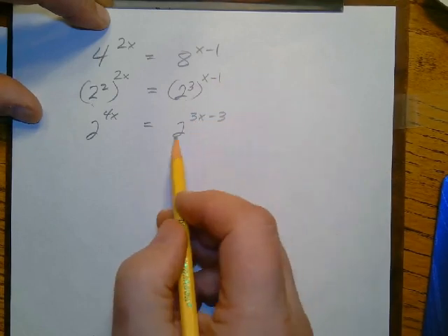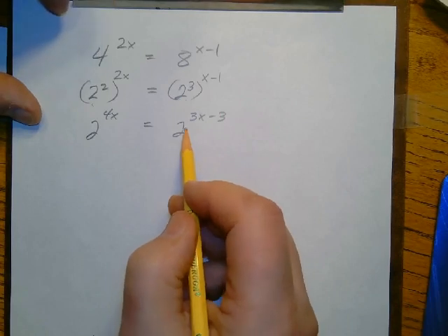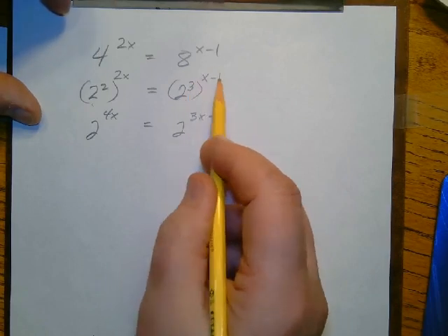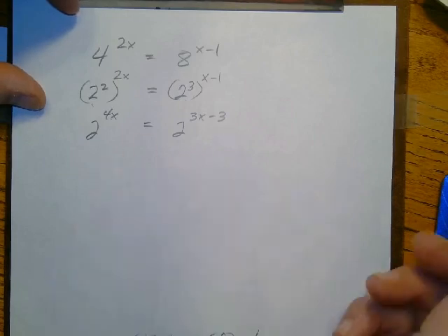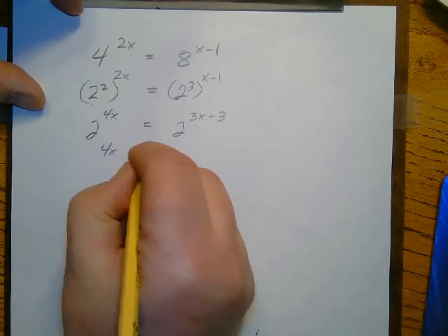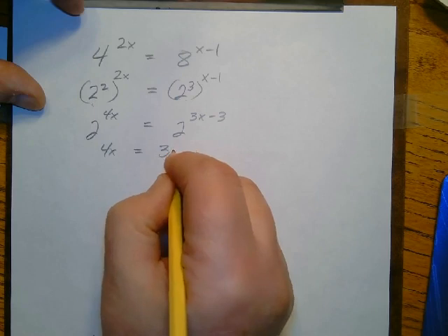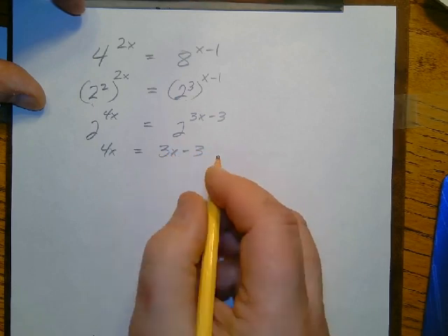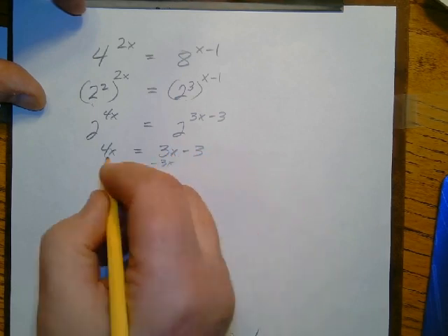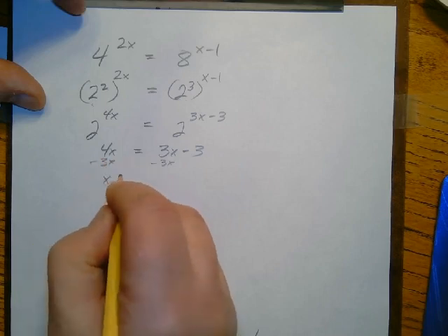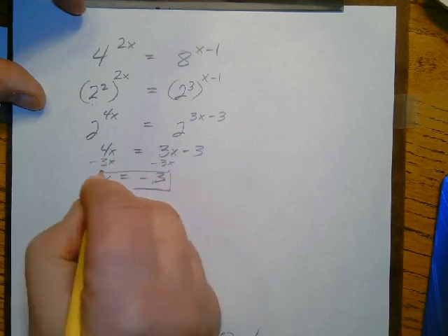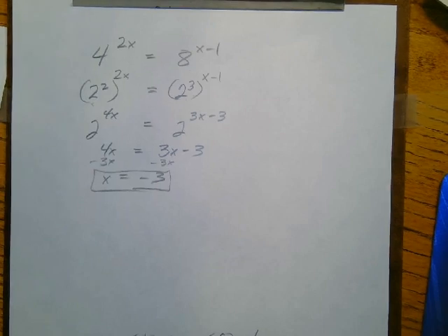Oh, now I can get rid of the parentheses, and this is 2 to the 3x minus 3. I distributed that 3 in there. Now, if the bases are the same, we can, in fact, set the exponents equal to each other and solve it like we did before. Subtracting 3x, we get x equals a negative 3. So there you go. X is a negative 3.